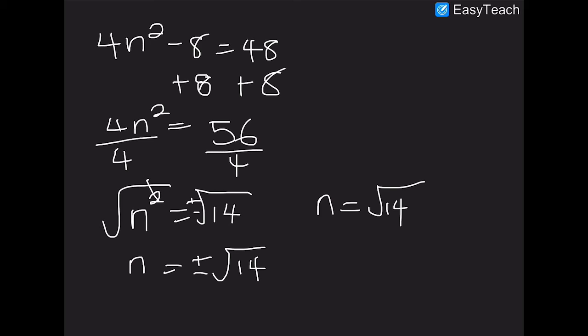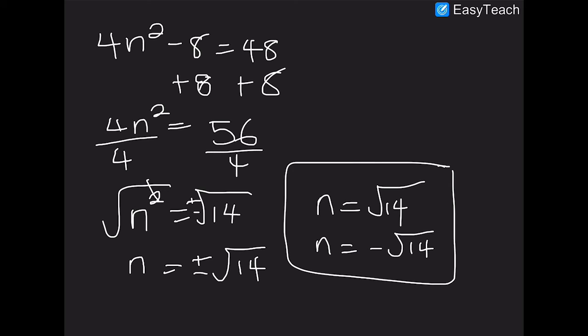It's just easier to add a plus minus. Now, you could, however, write n equals square root of 14 and also n equals negative square root of 14, and these two would be your answer. But if you don't want to go through the hassle of writing it twice, just put plus minus in front, and you're good to go.